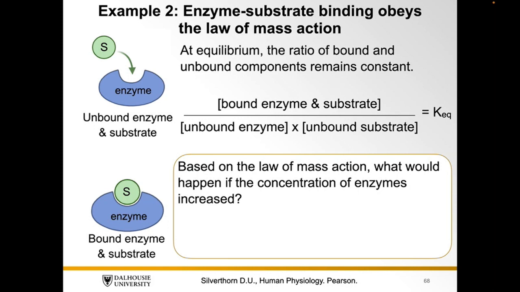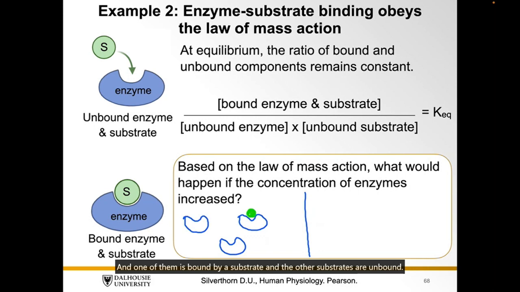So think about what would happen in a system if the concentration of enzymes increase. Let's try to draw this. So on the left-hand side here, we're gonna draw, let's say, 3 enzymes, and one of them is bound by a substrate, and the other enzymes are unbound.